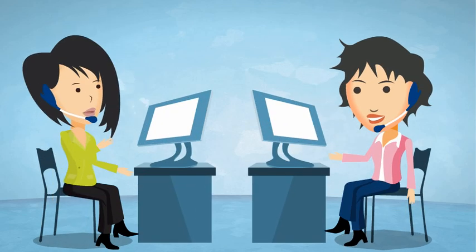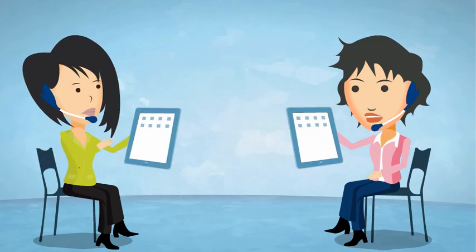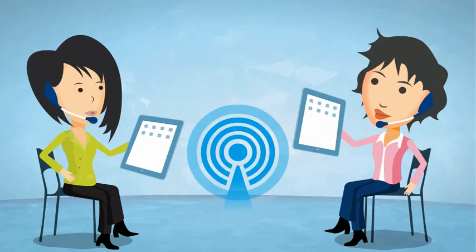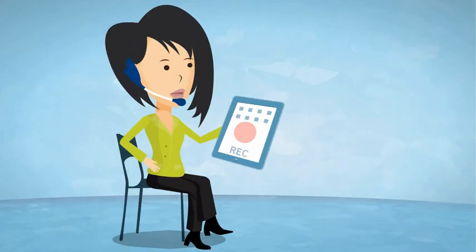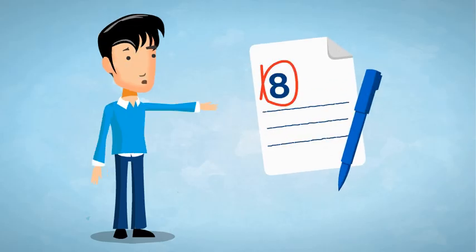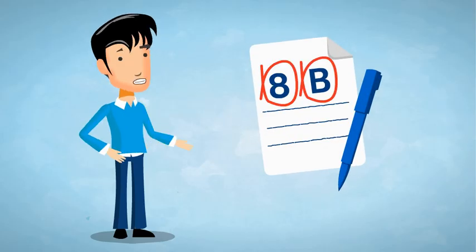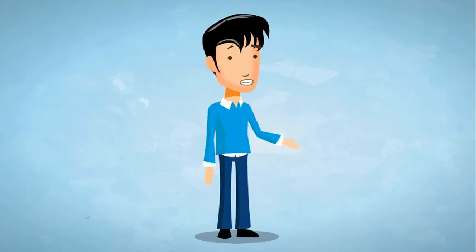Yet another option is for the test taker to communicate via a computer or tablet, with the examiner either live or working from a recording. In all these situations, the examiners award a score or grade based on what they have observed. Just how they do that is the final part of the puzzle.